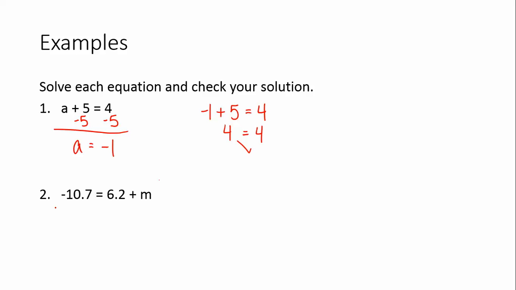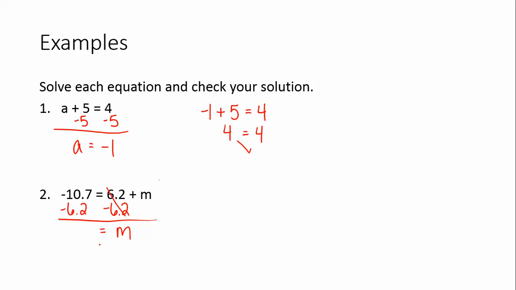On number 2, we have -10.7 equals 6.2 plus m. Over on the right hand side, we need to get m by itself, so we are going to subtract 6.2. Remember, you always do the opposite. Subtract 6.2 from both sides. On the right hand side, we're just left with m.